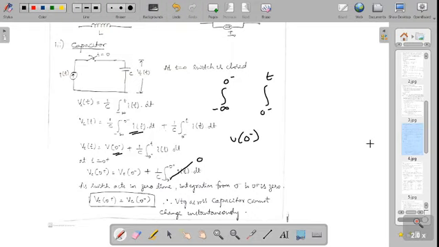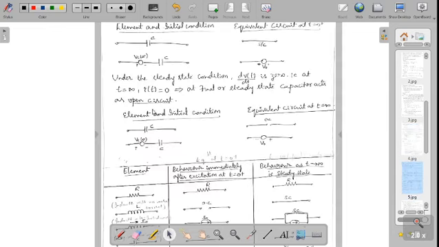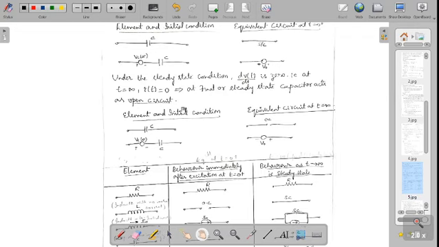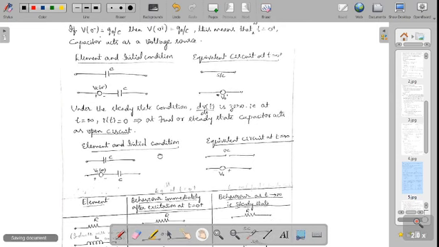Okay, and now let us consider the initial conditions. If there is a capacitor and if you provide the voltage and close the switch, it behaves as a short circuit at t is equal to 0 plus.